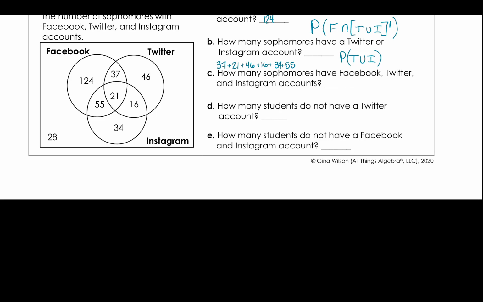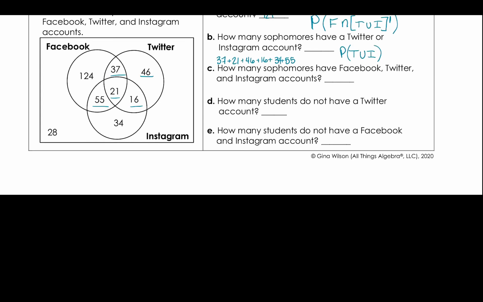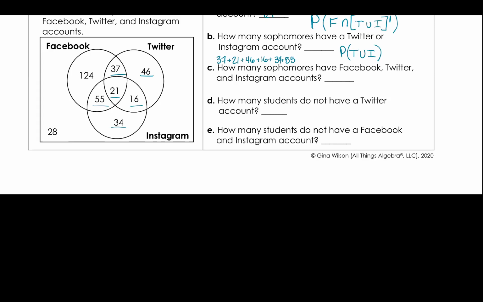Guys, take the time to write that out. Don't try to just guess and miss something. Make sure you get all of the sets of data you need. So we got to get all of those data points. When you add those up, you get 209.